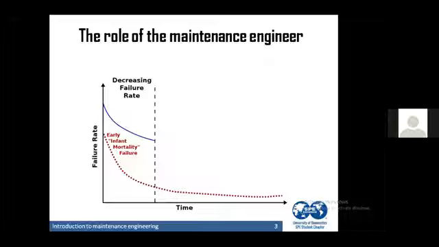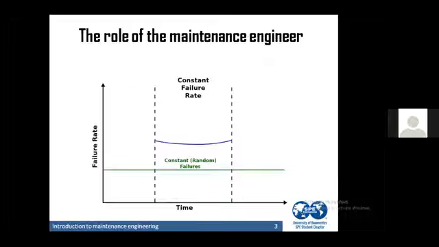So, second part, and this is the most important part, because your job as maintenance engineers started in this step. We have random failures, or let's say constant failures. That means the failures that are going to affect our equipment depend on the environment of working.